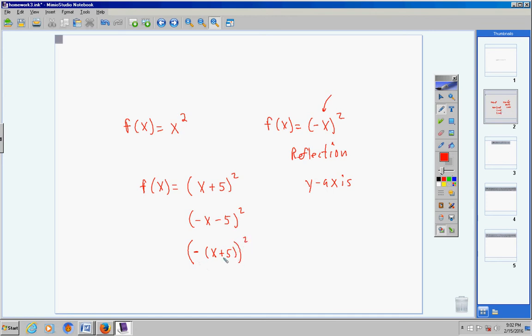Now let's stop and look. If I took this negative and multiplied it back through, I would get this. Negative times a positive is negative. Negative times a positive is negative. And now that you've pulled this negative out here, it shows, yes, we have a reflection in the y-axis, and we have a positive here, so we have a shift to the left 5 units.